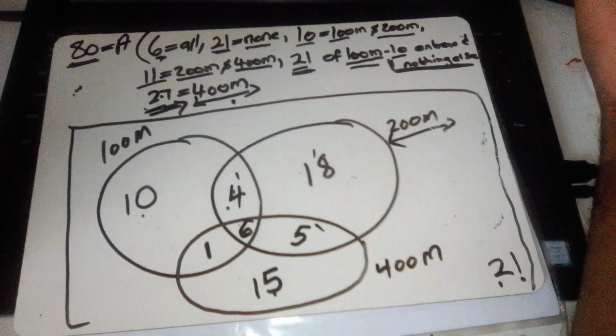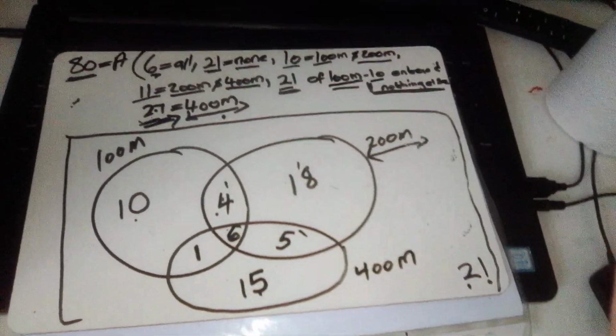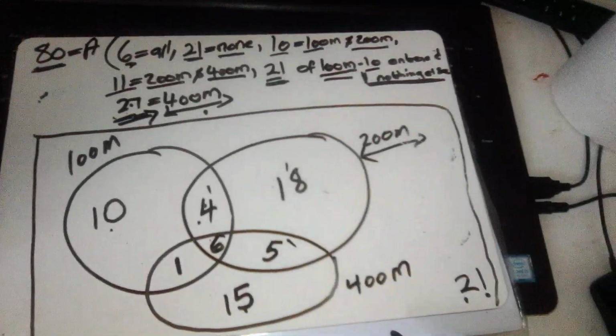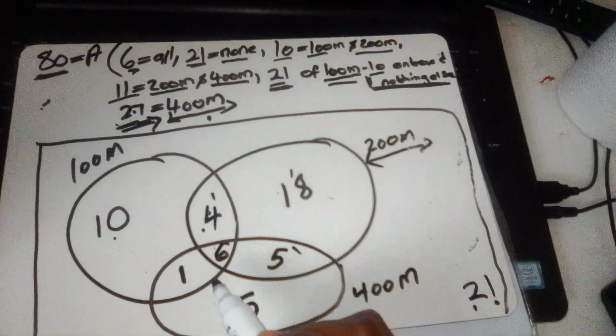At least two. So it has to be two or more, right? At least means two or more. How many entered two or more? We just have to add where there are overlaps.